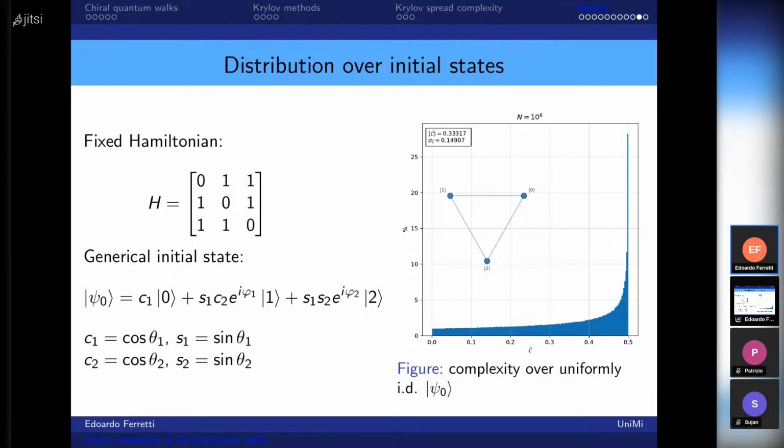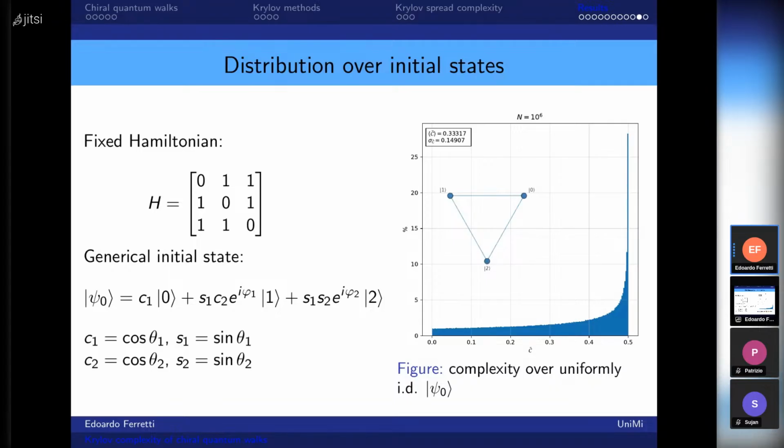We see that the behavior of this histogram is not entirely clear. For some reason maximal complexity states are preferred, but for a large region of these values of complexity, the distribution is quite flat.